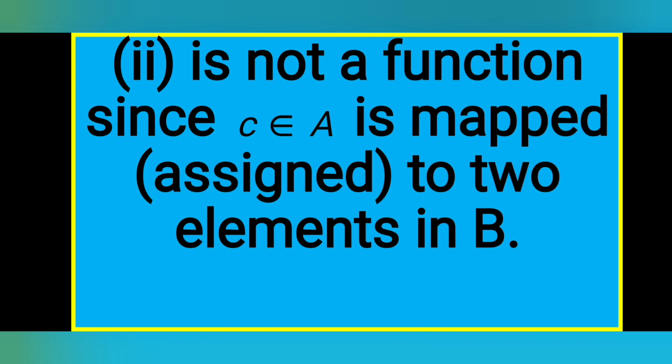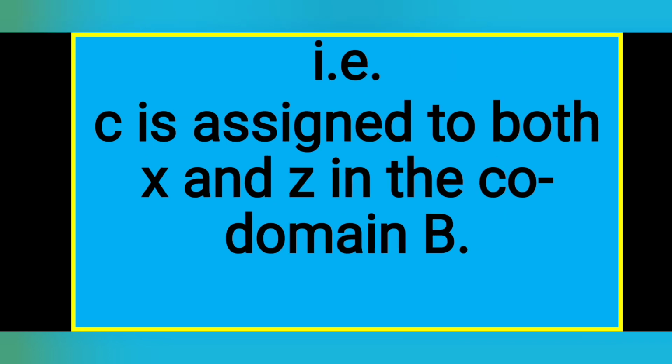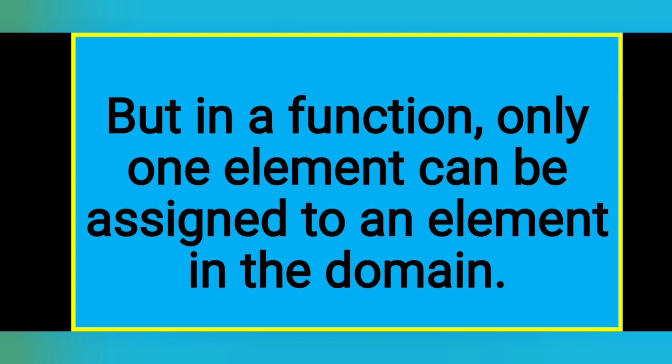The reason is that the element c in A is assigned to two elements in B. That is, element c is mapped to both x and z in the codomain B. But in a function, only one element can be assigned to an element in the domain. So that's the reason that this diagram is said to not define a function.